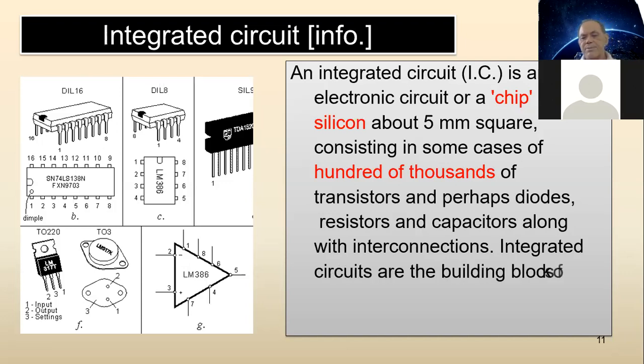Integrated circuits are building blocks of microelectronics. So rather than have discrete components with all the wires connecting the transistors, the diodes, the capacitors, we build everything together in this IC, that integrated circuit, so that we don't have to worry, we just buy the whole thing.